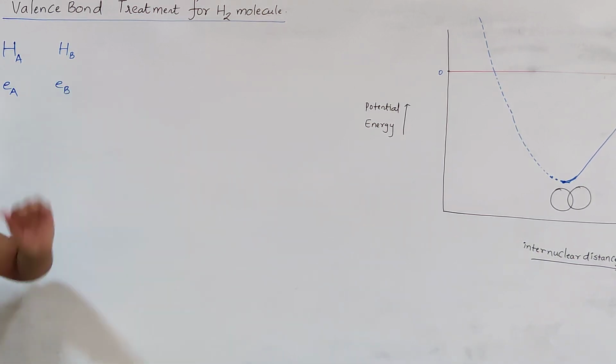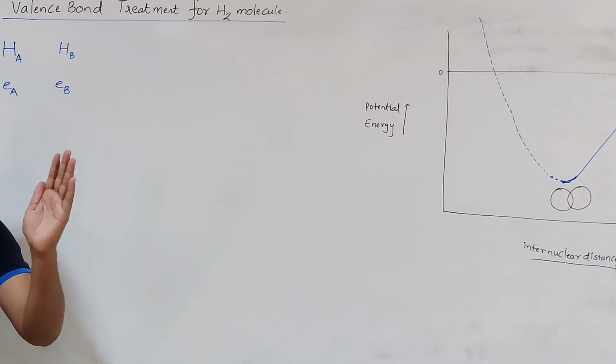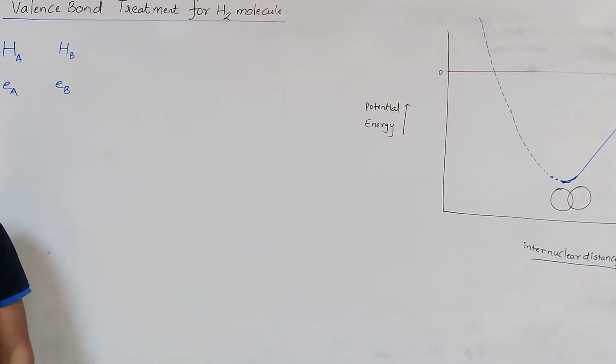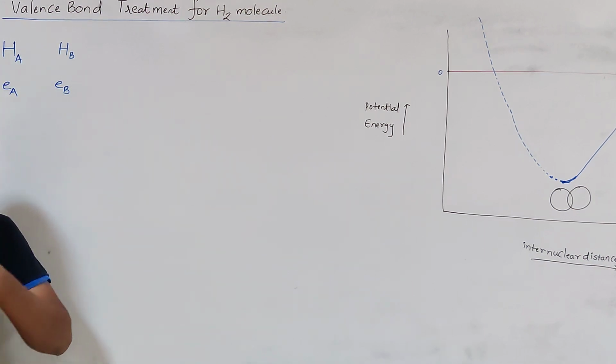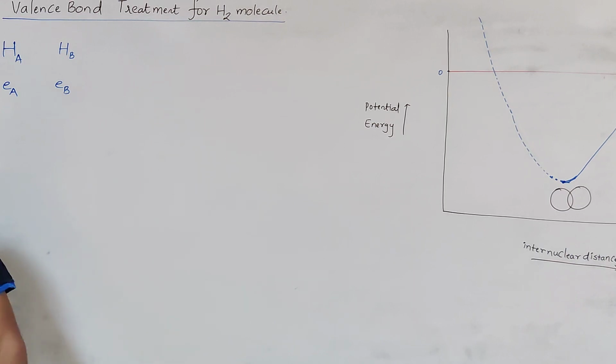For the formation of the hydrogen molecule, these two hydrogen atoms come close to each other. Whenever the two hydrogen atoms come very close to each other, new attractive and repulsive forces begin to operate in addition to the existing attractive forces. What are the new attractive and repulsive forces that are developed?